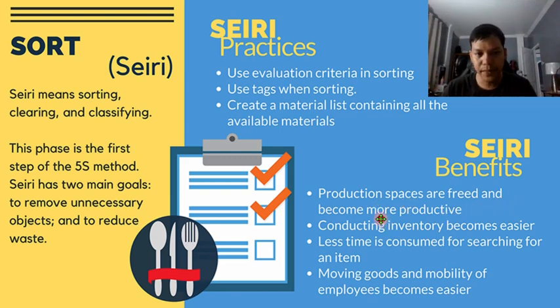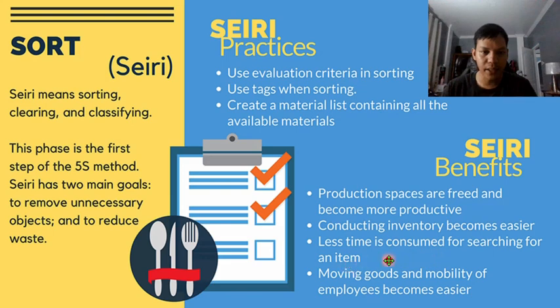And what is the other benefit of sorting? Conducting inventory becomes easier. You can easily check the available things or materials because the unnecessary objects have already been removed, so it is easy for you to conduct an inventory.